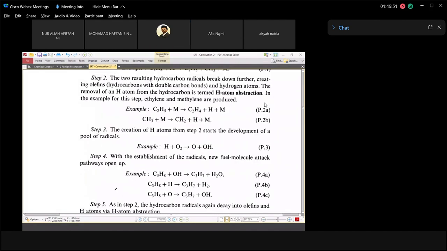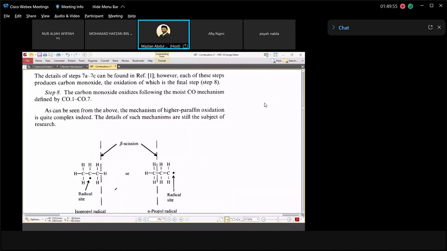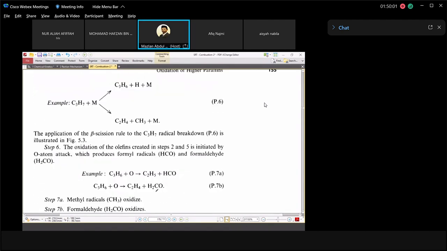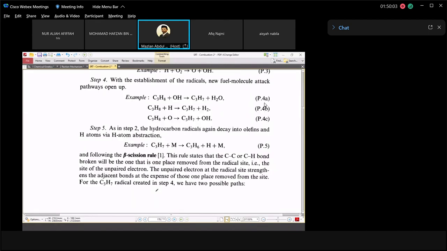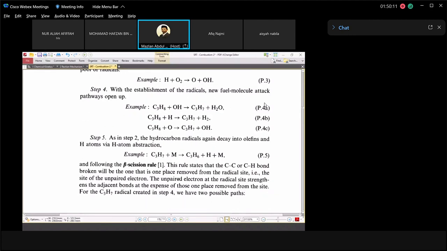So these are the examples. This is the example of C3H7 reaction. Here, example of C3H8, example of others there.